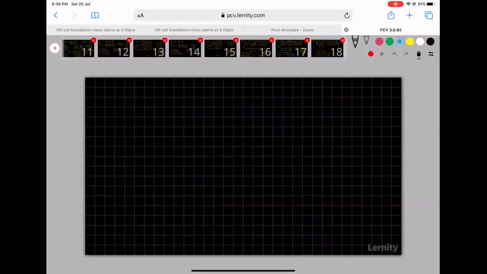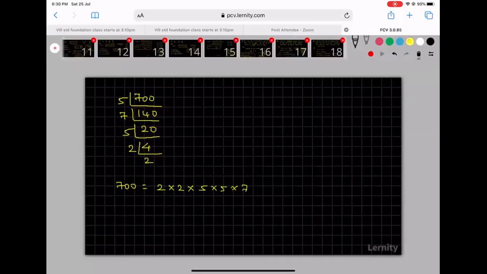Now I am taking the first one, 700. If I am taking 5 table, I will get 140, and again 7 means 2. Here I am taking 5 two times, then 2 2. So 700 I can write as 2 into 2, 5 into 5 into 7.